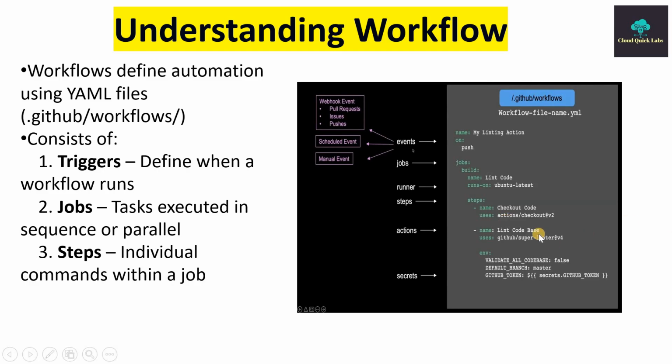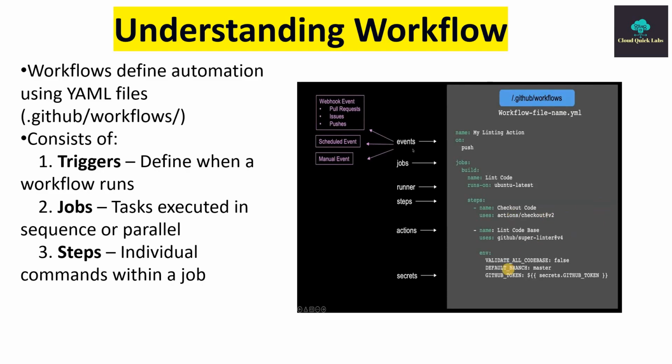So here it is actually checkout. You see actions forward slash checkout at the right version, v2. In the backend it has the code which is needed to do this particular task, that is, check out the code. And that is what uses talks about. Likewise there are a lot of uses actions in place which will be used in building GitHub Actions workflows.